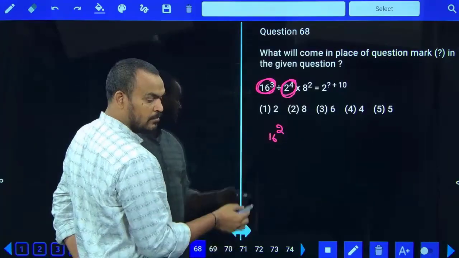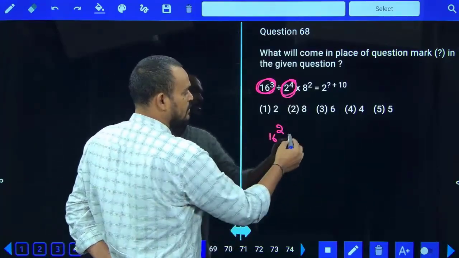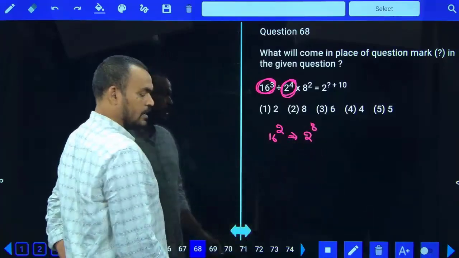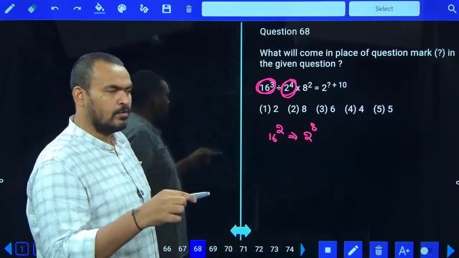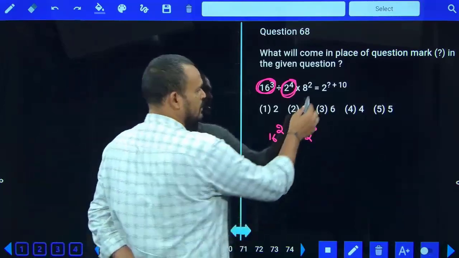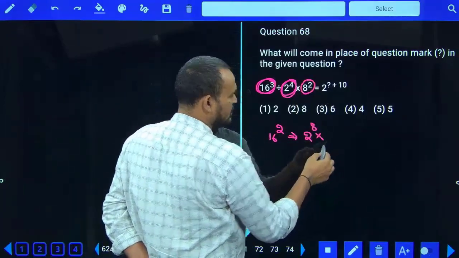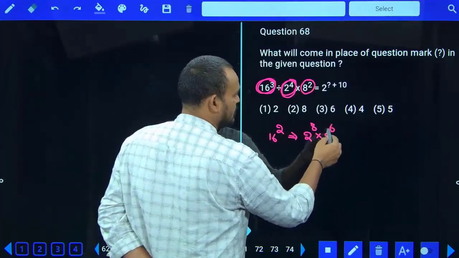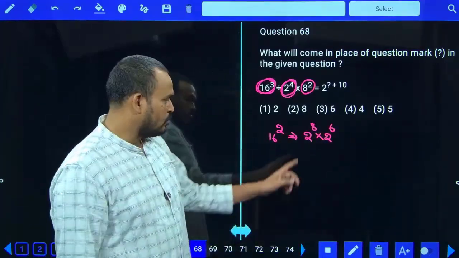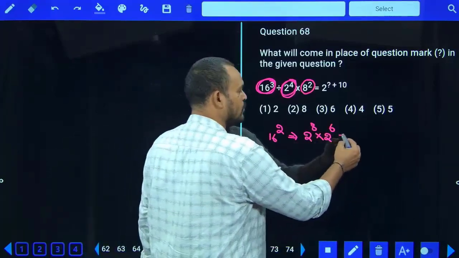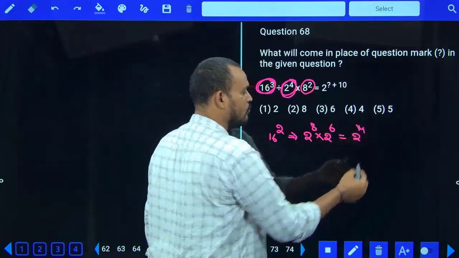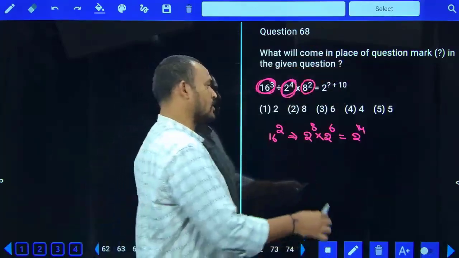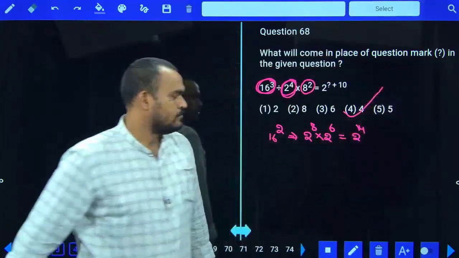It is also written 2 power 8, because 16 means 2 power 4, whole power 2 means 2 power 8. Next 8 square. 8 is nothing but 2 cube, already power 2. That is 2 power 6. Then 2 power 8 into 2 power 6, that is 2 power 14. 2 power 14 equal to 2 power something plus 10, and question mark value is how much? 4.